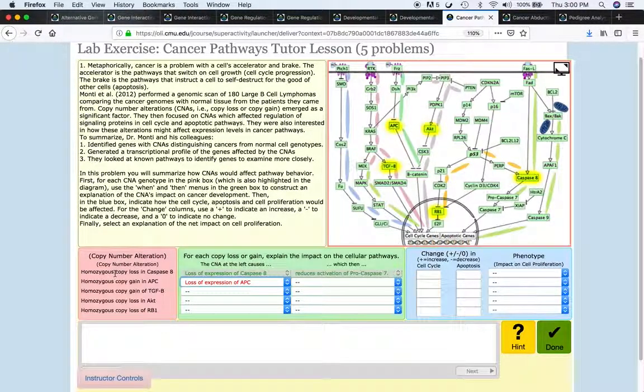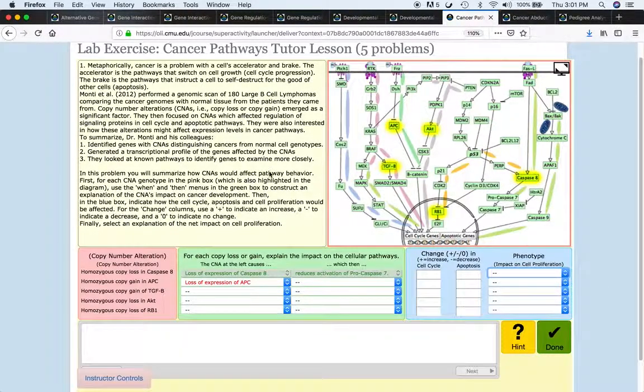So this allows a student to look at a cell with a collection of mutations to determine ultimately whether there is a change, an increase or decrease in cell proliferation that might lead to cancer.